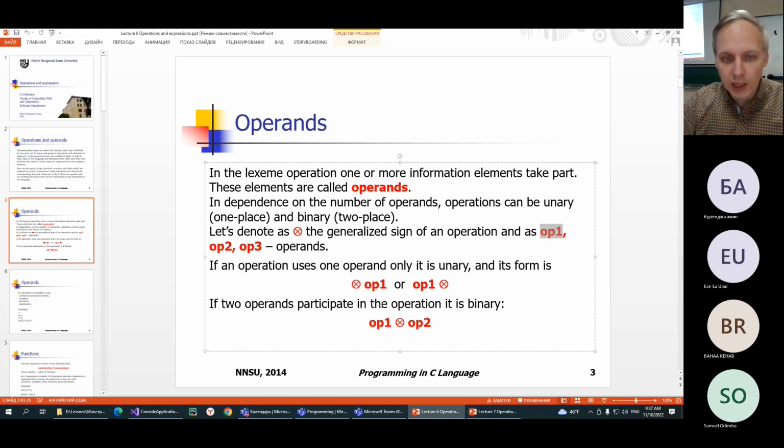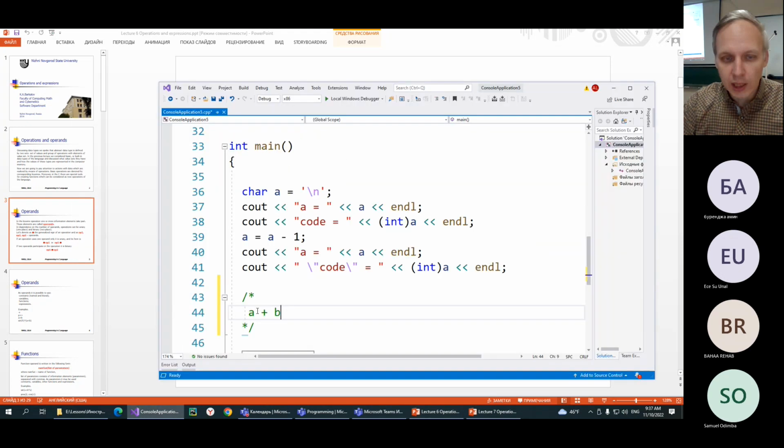A unary operation is written in this or this form: the sign of the operation and after that the operand, or the operand and the sign of the operation. This form of operation maybe is not usual. A more convenient form is the following: operand number 1, sign of the operation, and operand number 2, like A plus B.